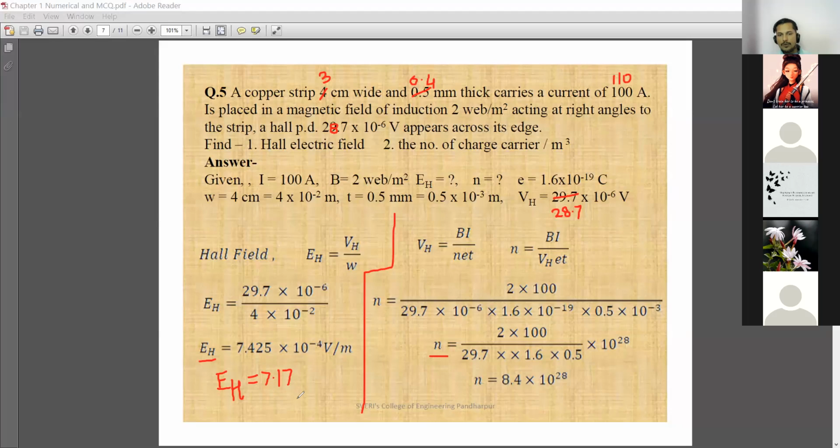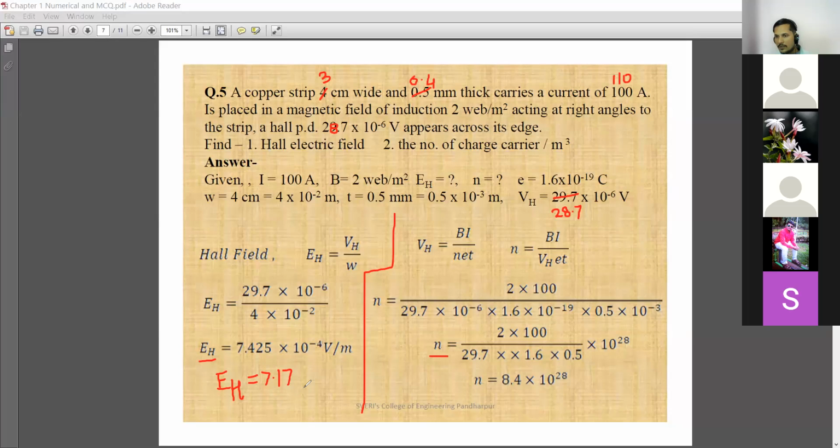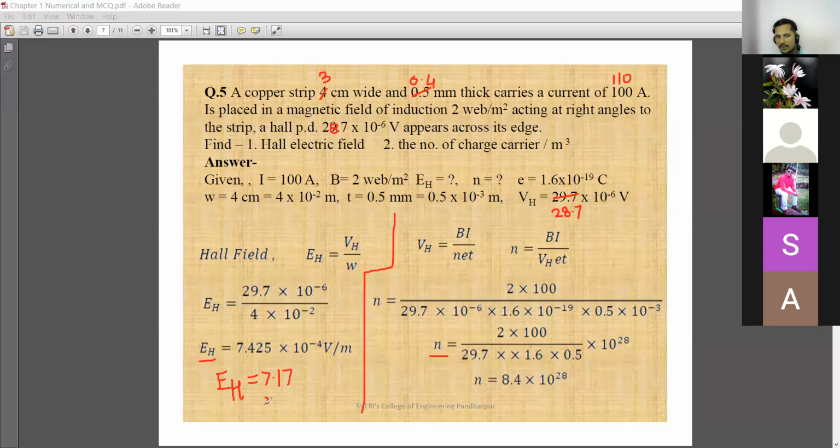Is it correct? 7.17. No, sir, 9.56. 9.56 into 10 raised to 4. 9.56, sir.